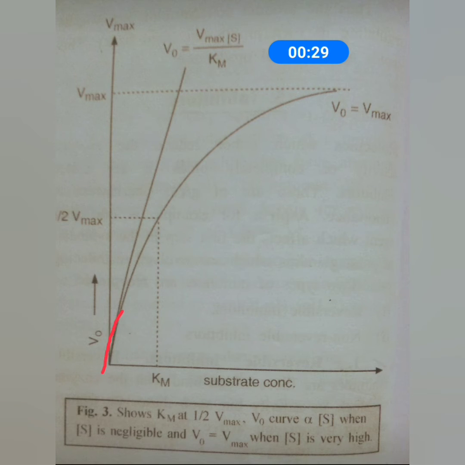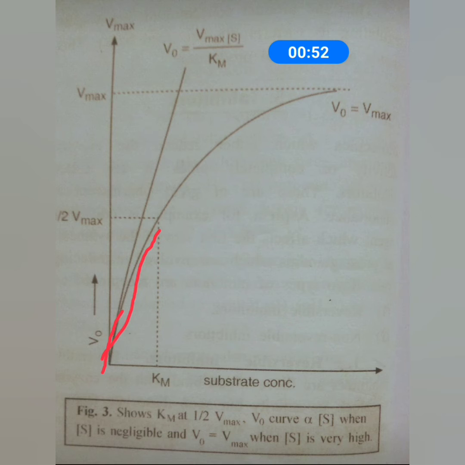This is the initial velocity. It will start to increase slowly. As long as you add more and more substrate, those substrates will bind to more and more of the enzymes. But remember, as in the example I have given, in that beaker I have only 100 molecules of enzymes.